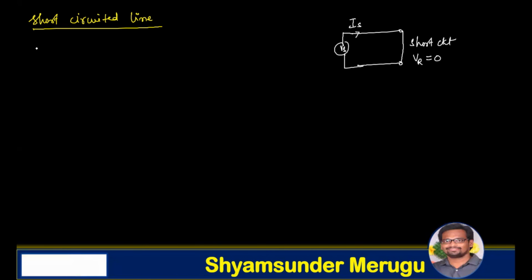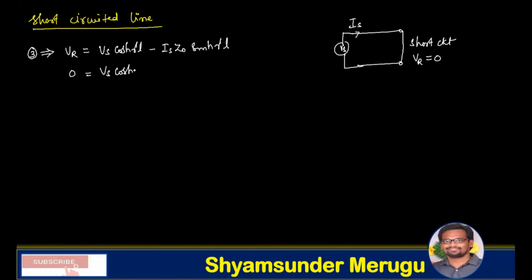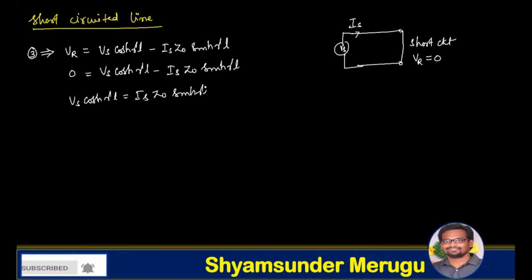Now we know from equation 3, which is given as VR equals Vs cosh gamma l minus Is Z0 sinh gamma l. As VR is 0 for short circuited lines, it will be 0, so Vs cosh gamma l equals Is Z0 sinh gamma l.